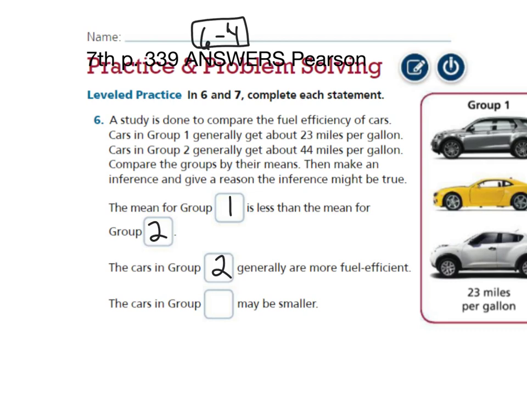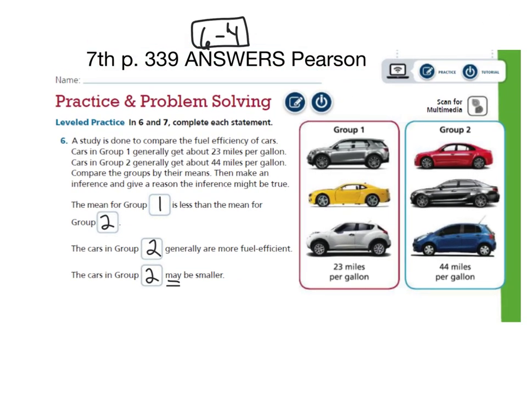And so the last statement, the cars in group blank may be smaller. Maybe emphasis on the word may here, but cars in group 2 may be smaller. The idea with that is if the cars are smaller, then they're going to be lighter.